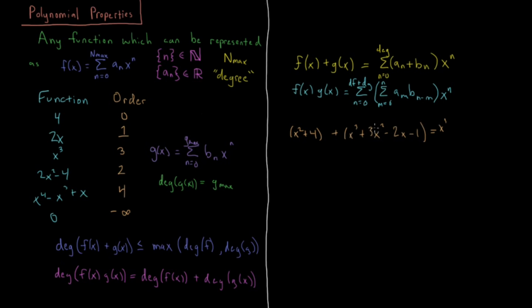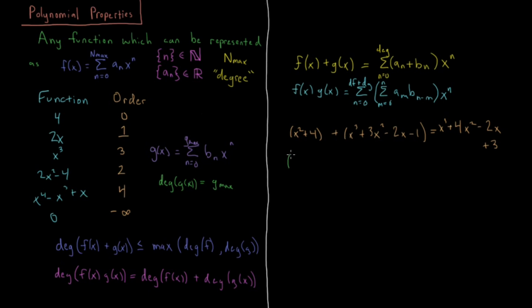X squared, there's a 3x squared here and an x squared there, so we get plus 4x squared. There's one first order term, so minus 2x. And then we have plus 4 and minus 1, so that leaves us with plus 3. So very straightforward, exactly what we learned in Algebra 1.